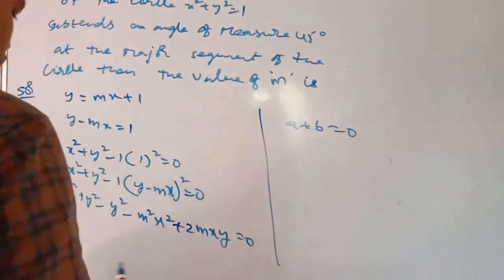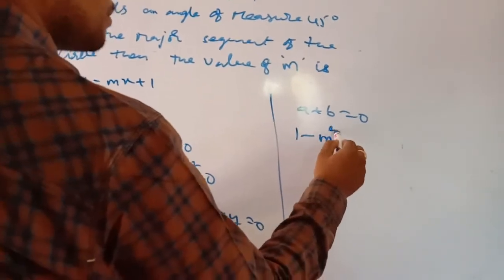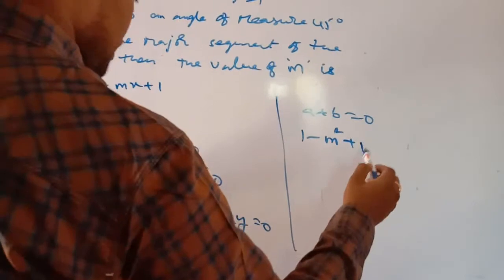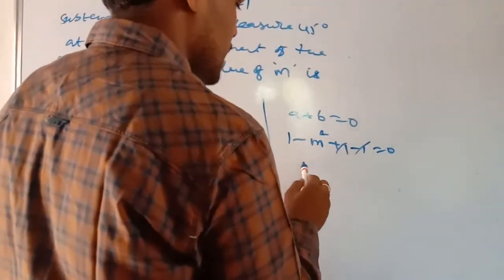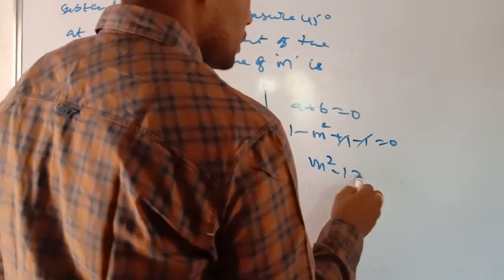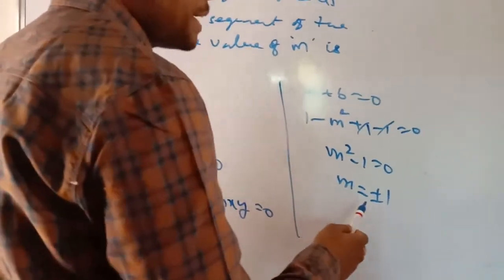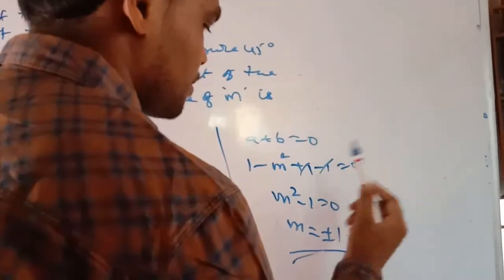Now here x square coefficient is 1 minus m square, plus y square coefficient is 1 minus 1 is equal to 0. Now this plus 1 minus 1 is cancelled. Now m square minus 1 is equal to 0, m is equal to plus or minus 1. Now see options in our material. Now here the answer is m is equal to plus or minus 1. Okay, write down.